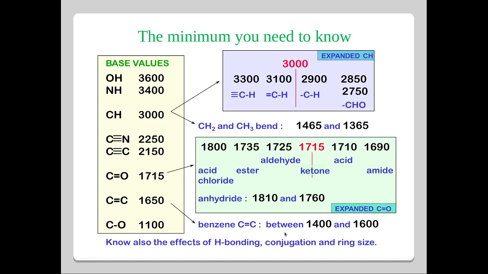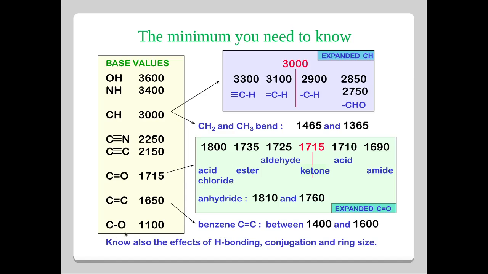The major difference between them is that for aromatic ring systems such as benzene, the C double bond C vibrations show up as a set of bands between 1400 and 1600 centimeter inverse. But for systems other than aromatic ring systems, for example a vinyl system, C double bond C appears as a single sharp peak between 1400 and 1600 centimeter inverse.